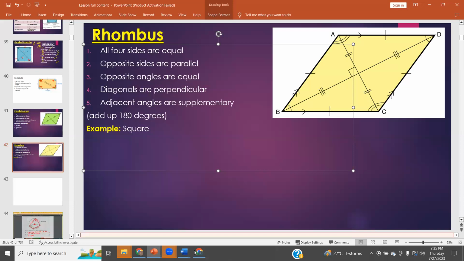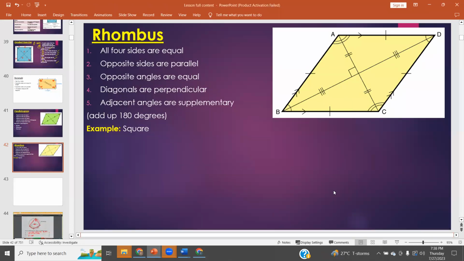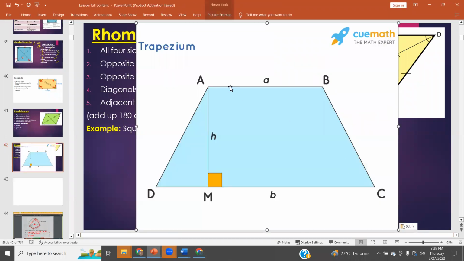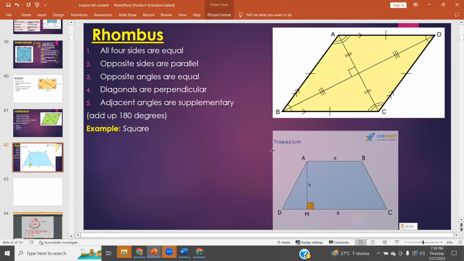So it's called a trapezium or a trapezoid, both work. This is a trapezium right now.